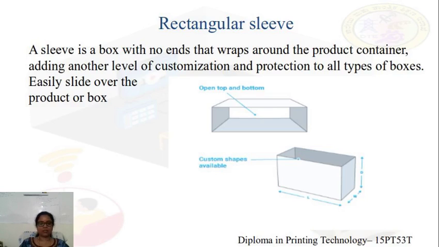And mostly these types of rectangular sleeves can be used in various product packaging, maybe small quantity boxes or larger quantity boxes or medium quantity boxes. This box or rectangular sleeve can slide easily over the product or the box.